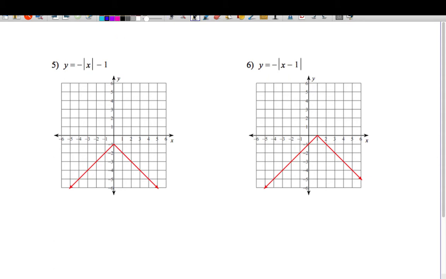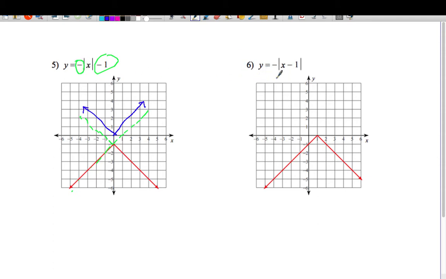Think of it as originally having this parent function, and then you move it down by 1 unit because of this minus 1, and then you reflect it down to arrive at this red graph because of this negative sign.